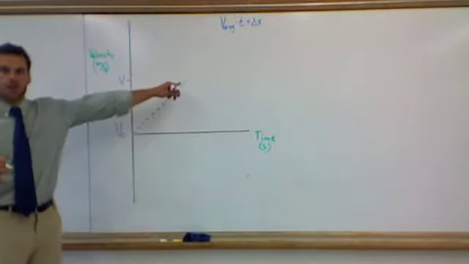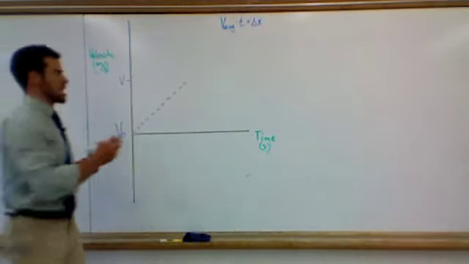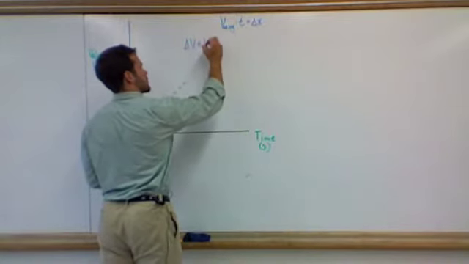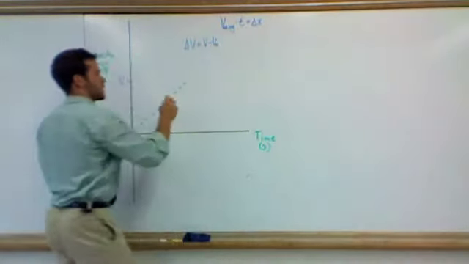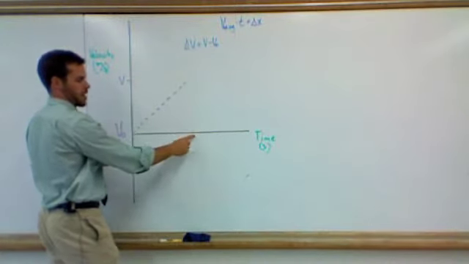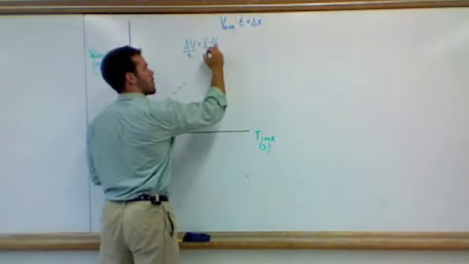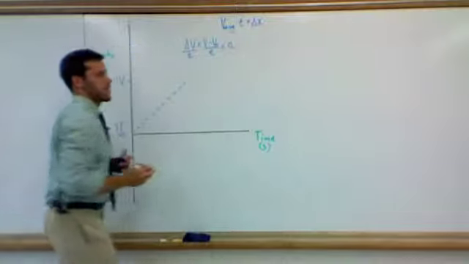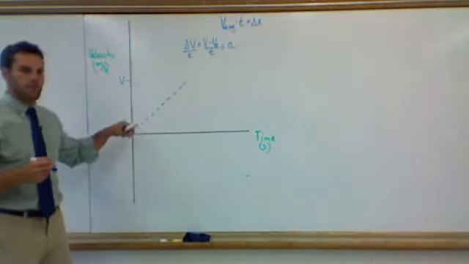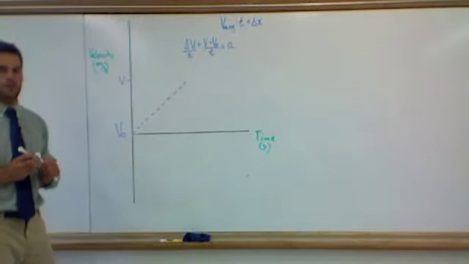As it increases at a constant rate, we know by looking at the slope that the change in velocity, that's our change in y, over the change in our x, which is time, is equal to acceleration. So first, from this graph with a changing velocity here, we can find our acceleration through the slope.